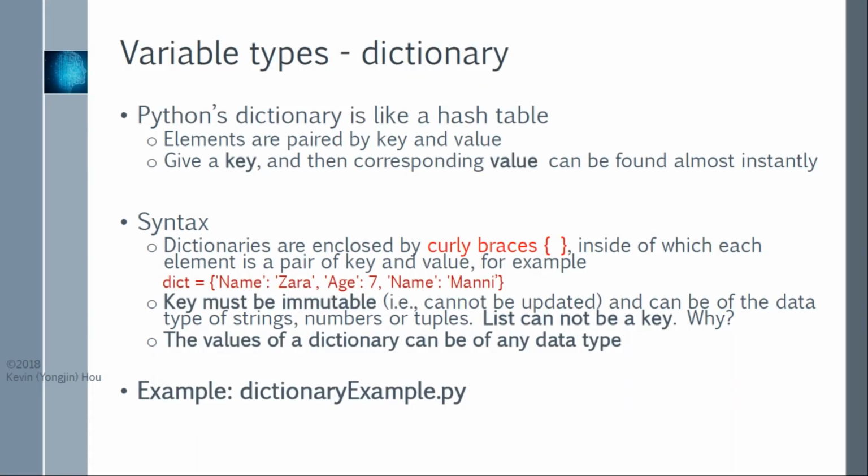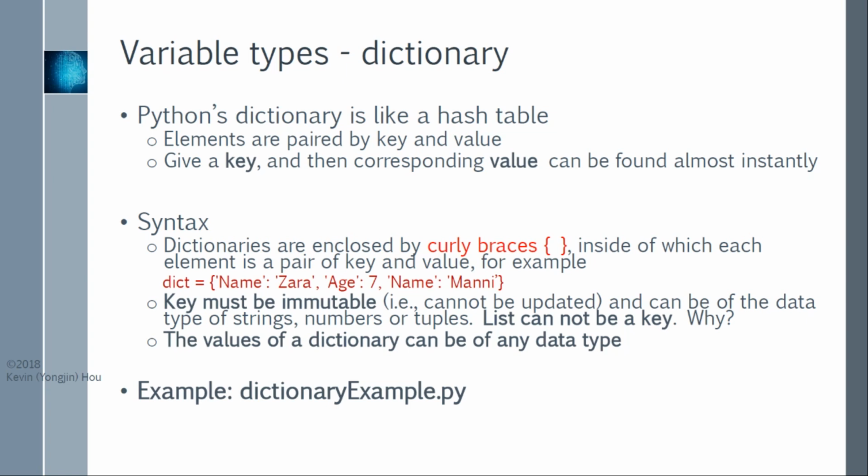All right, now let's look at the dictionary, the last of the 5 standard data types in Python. Dictionary is like a hash table. What does that mean? First, each element in a dictionary is a pair, one key and one value.